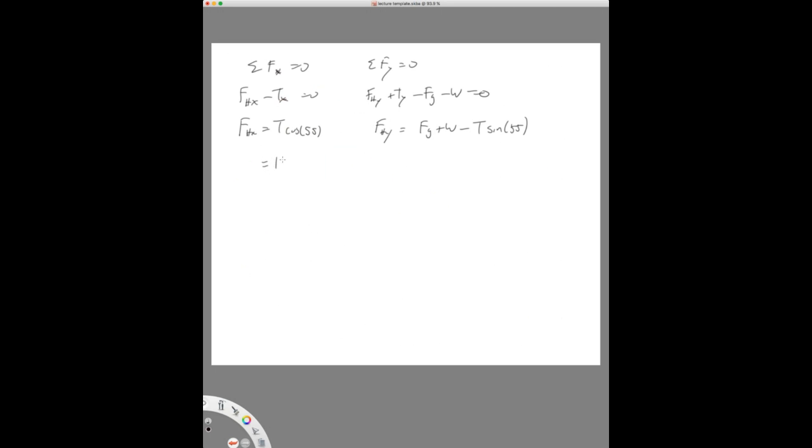So we put in our numbers, 1945 times the cosine of 55. And over here, we're going to have 500 plus 700 plus 1945 times the sine of 55.